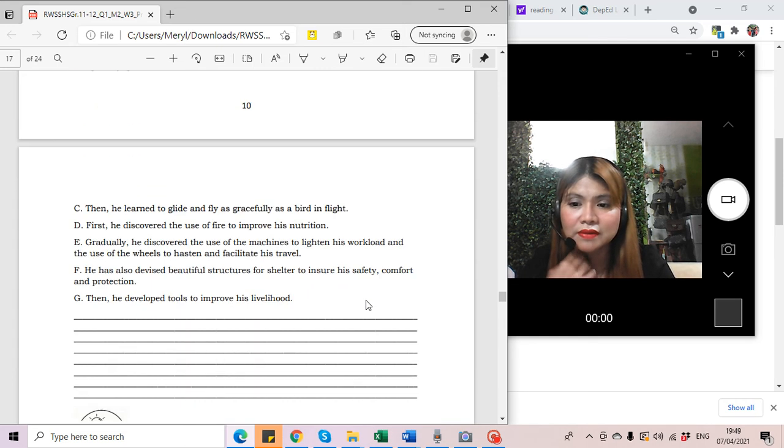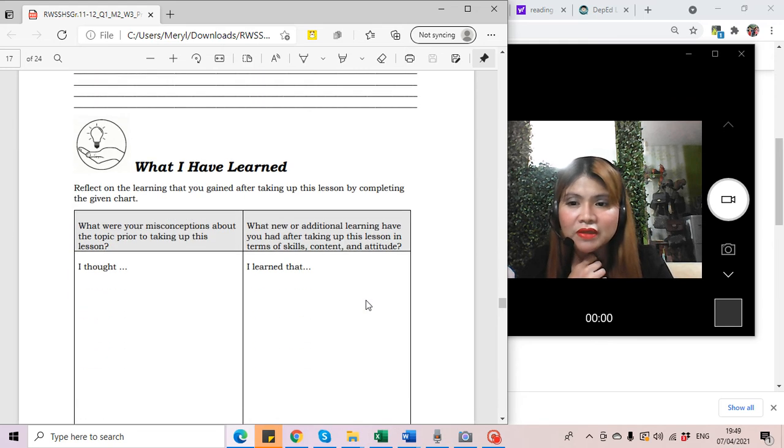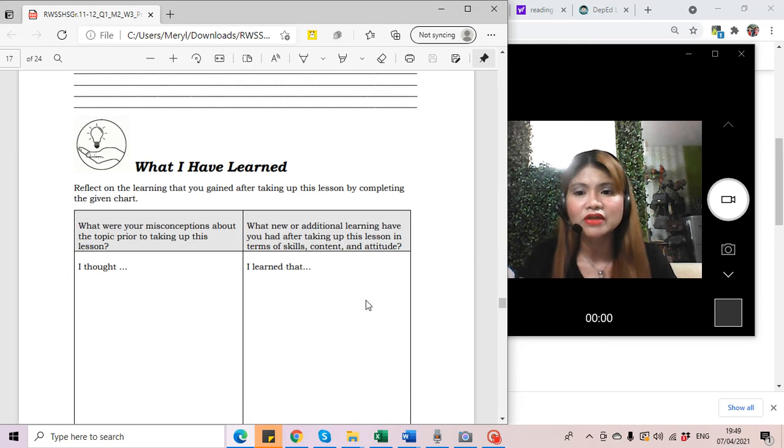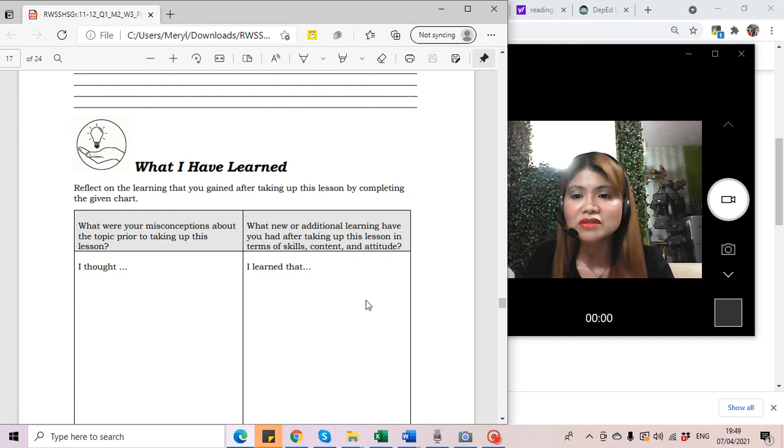Please do what I have learned. Okay, here reflect on the learning that you gained after taking up this lesson by completing the given chart. Question: what were your misconceptions about the topic prior to taking up this lesson?